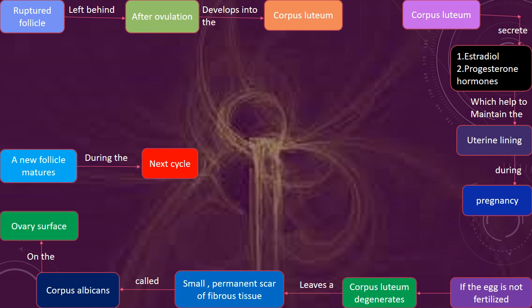If the egg is not fertilized, the corpus luteum degenerates and leaves a small permanent scar of fibrous tissue called the corpus albicans on the ovary surface. A new follicle matures during the next cycle.